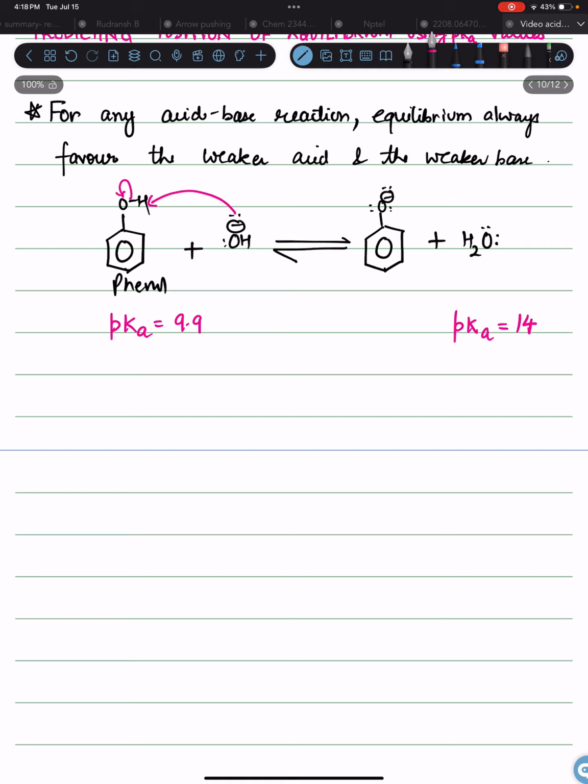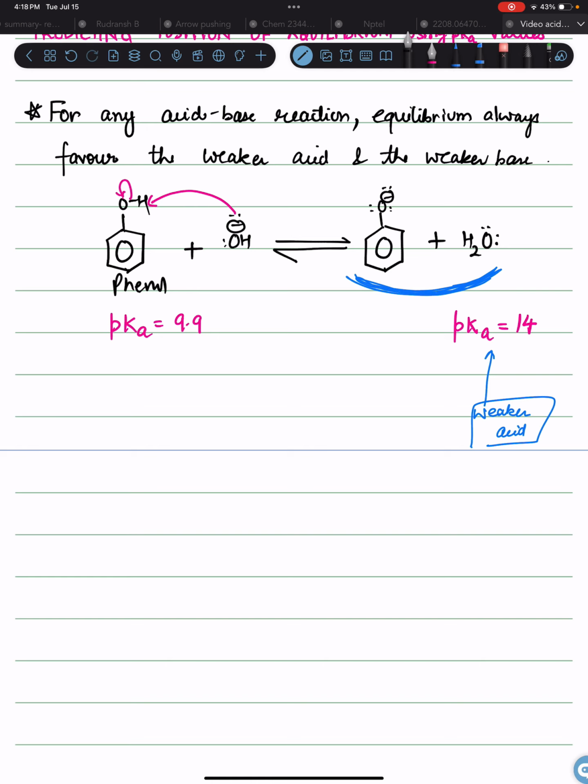Using the logic that for any acid-base reaction, equilibrium always favors the weaker acid, which one of these two is the weaker acid? The one with the larger value of pKa is the weaker acid. So this equilibrium will favor the formation of phenoxide ion from phenol, that is, it will favor the products as compared to the reactants.